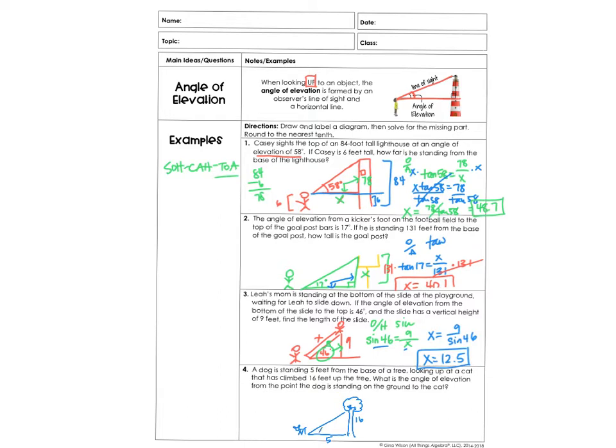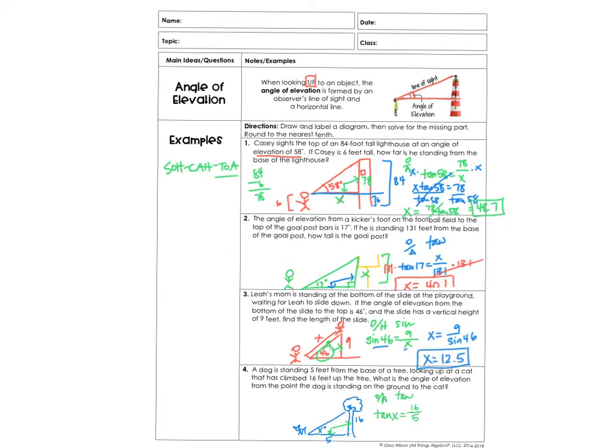What is the angle of elevation? So this time it's not giving us the angle of elevation. We are looking for it. So we are given the opposite and the adjacent. Opposite and adjacent is tangent. So we are finding the tangent of x, and that equals opposite, which is 16, over adjacent, which is 5.